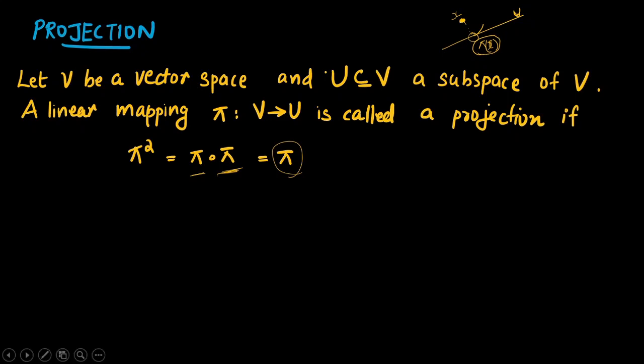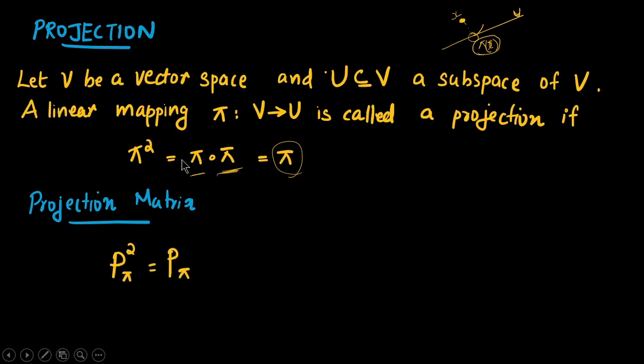That is what the statement means. And the projection matrix: projection is a linear transformation, so to do the transformation we can use a transformation matrix, and the projection matrix is the one that gives you the projection of a vector.